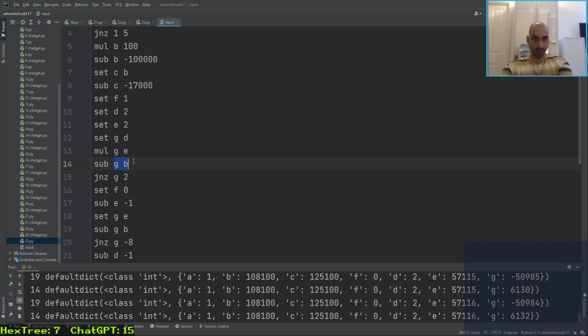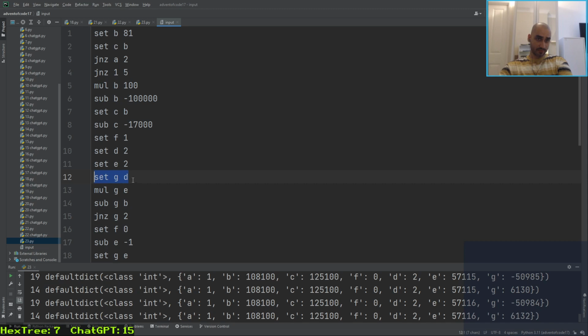So g equals b before this line. That means g times e equals b before this line.